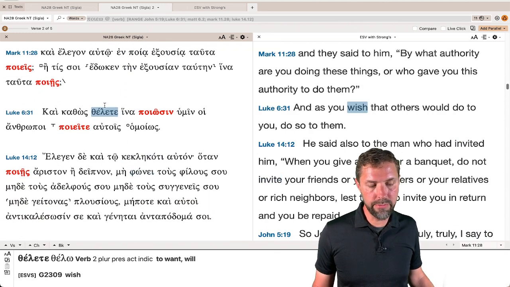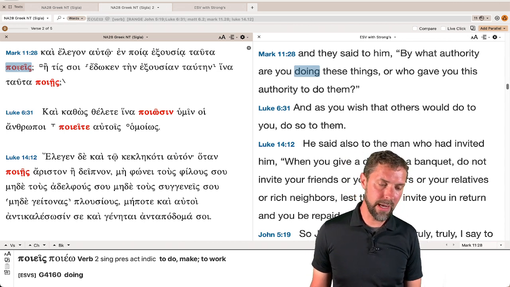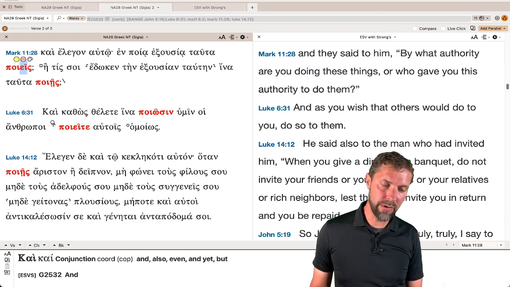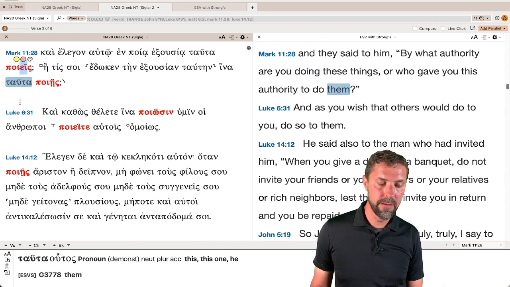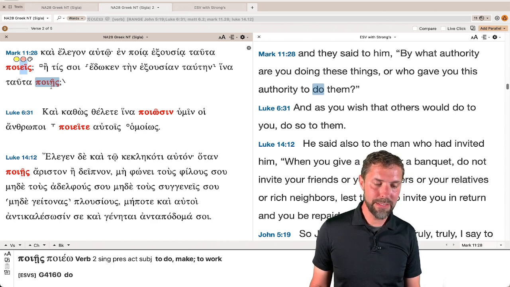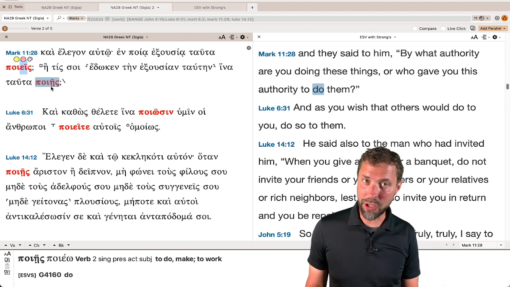Got another example down here in Mark 11:28. Here, I'm looking at a second person present active indicative, poieis. The e plus the epsilon iota ending, it's just contracted in, and so I've ended up with poieis. Whereas, right after it, I've got poiēs, eta iota subscript. And the only reason that can be happening is because I'm looking in that case at a present active subjunctive.